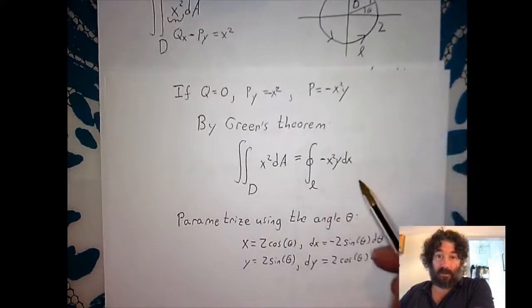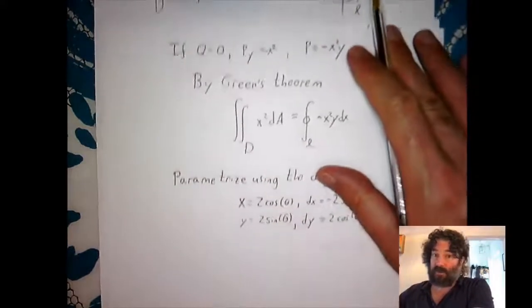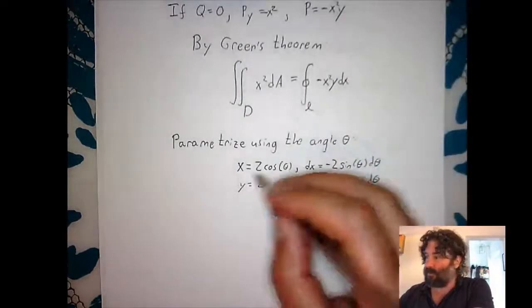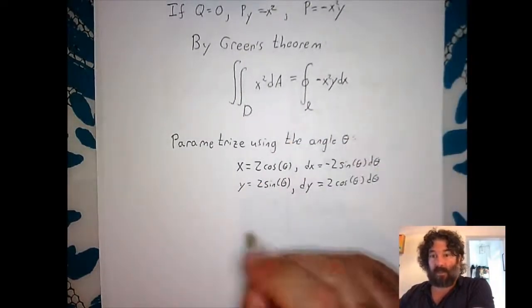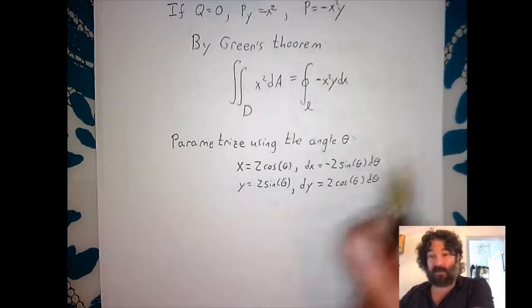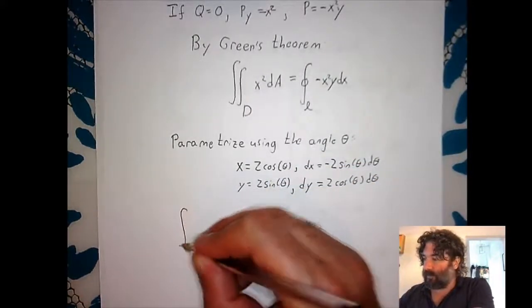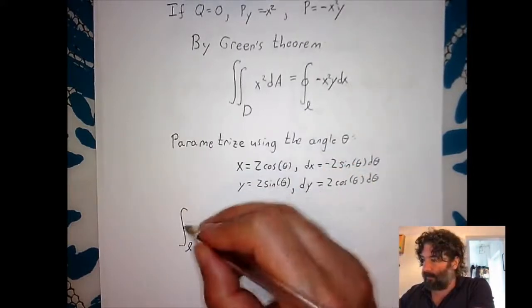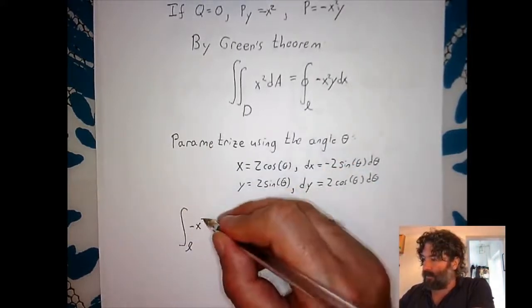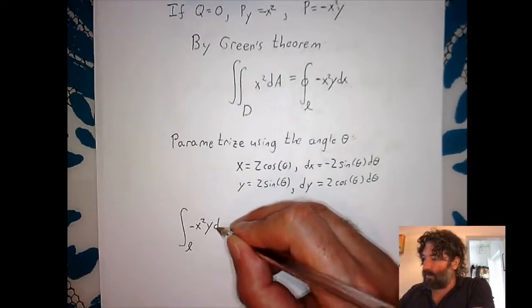Okay, and so theta goes from 0 to 2 pi as we go around the circle, and so we have all the information we need in order to expand this line integral as a single integral.